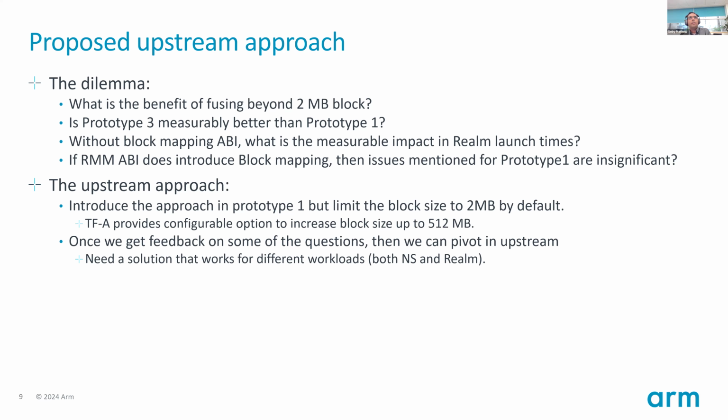Right. So if the total size of the realm VM is not larger than 512 MB, then RMM or EL3 would only try to fuse it to the next possible size, which is 32 MB or 2 MB.